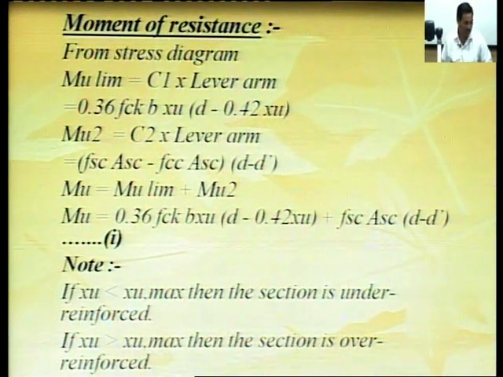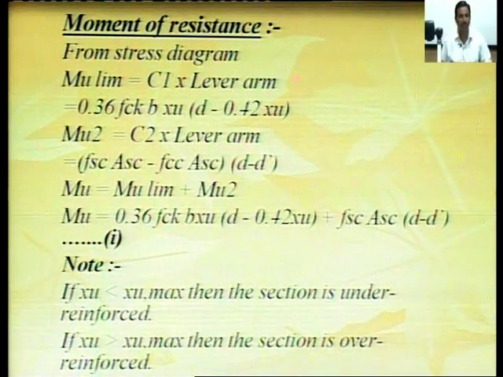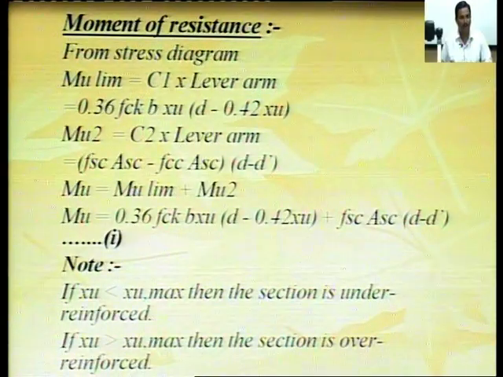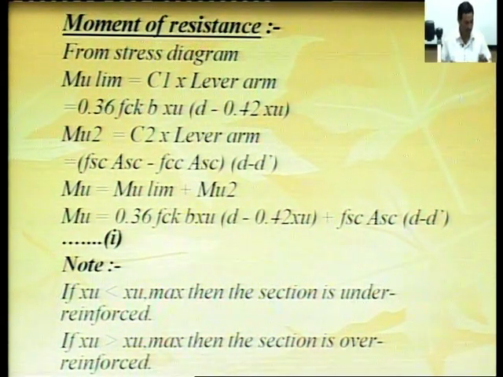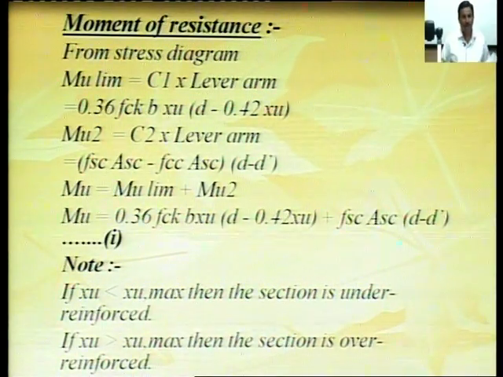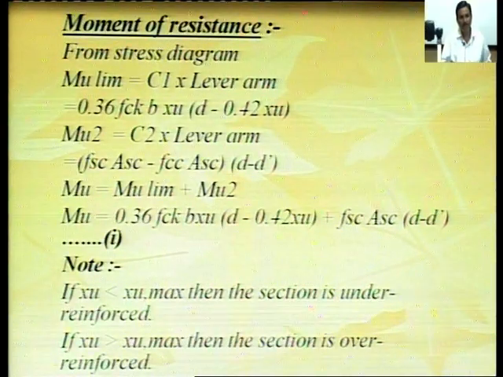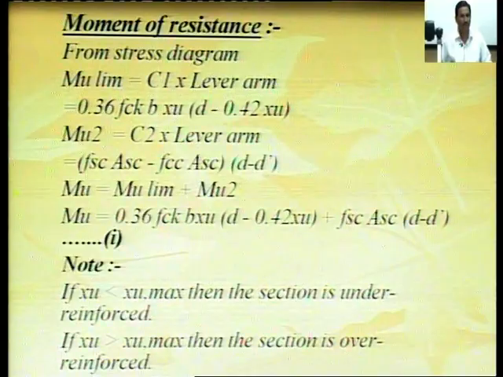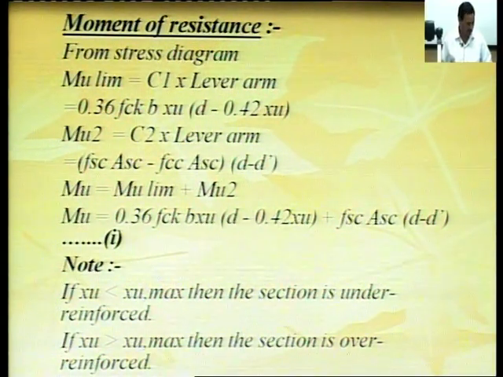In this section the stresses reach their maximum permissible value in the tensile zone and in the compression zone simultaneously. The second type of beam section is the under reinforced beam section. When the depth of neutral axis is less than the maximum depth of neutral axis, that type of section is called an under reinforced section.